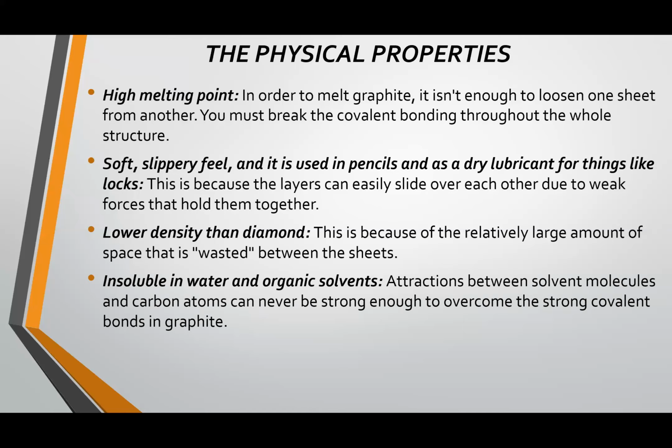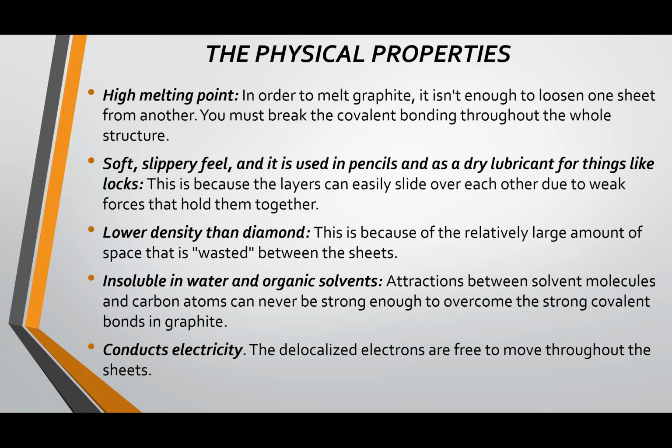If the attractions between water molecules or solvent molecules and the solute are not strong enough to weaken the bonds in the solute, then the solute cannot dissolve. That is why graphite, being a giant structure, has such strong bonds and cannot be dissolved in water or in organic solvents.